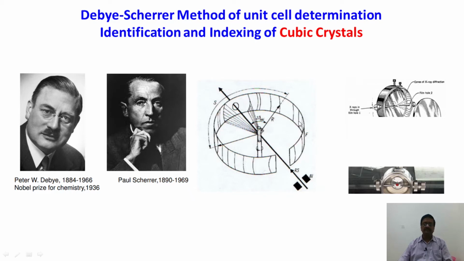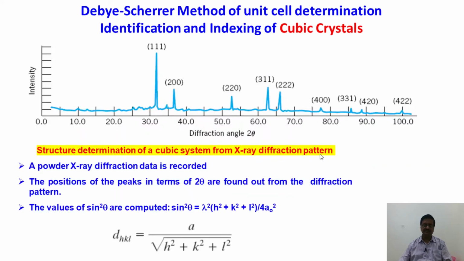Based on the location of those white lines, Peter Debye and Paul Scherrer developed a method of indexing of crystals, mostly the cubic crystal systems. In modern diffractometers, what we get in a powder diffractometer is the intensity versus diffraction angle 2 theta, and using the values where the peaks appear, one can identify the values of HKLs that you see in the figure given above.